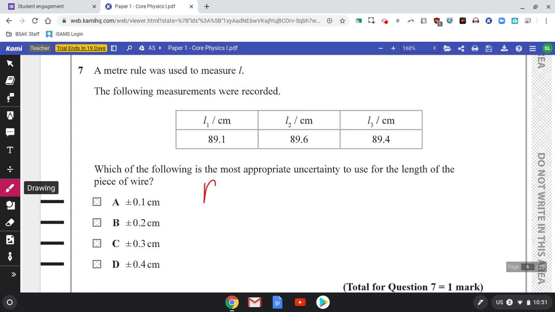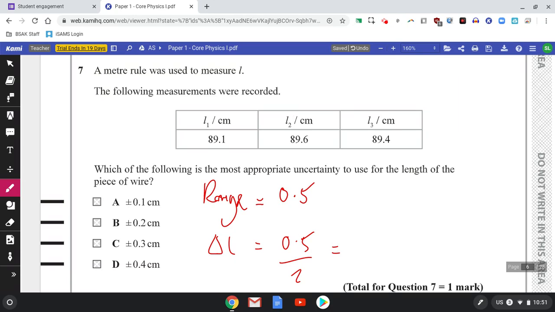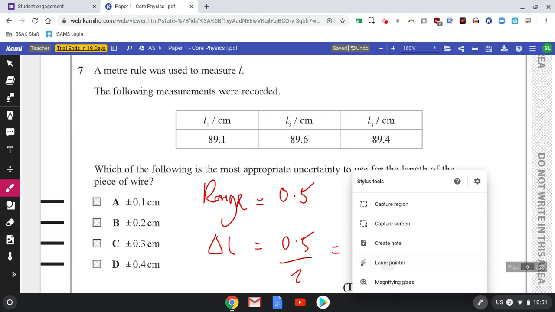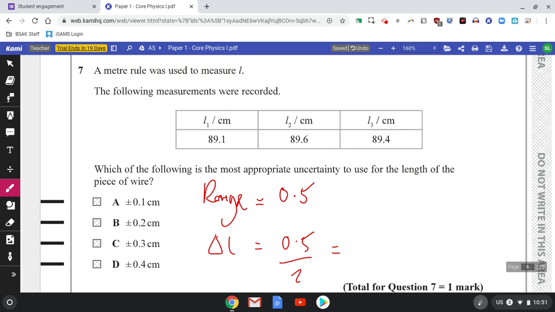So the range, what's the biggest? 89.6, and the smallest one, 89.1. So the range is 0.5. So the uncertainty in L is 0.5 over 2, which your calculator will say is 0.25, but we have to use the same number of decimal places.